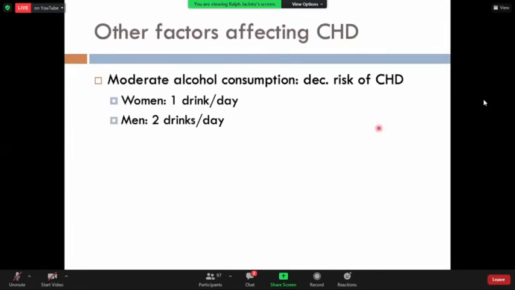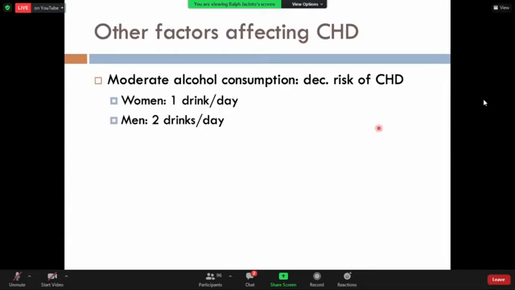Now, there are other factors that would affect coronary heart disease, as I mentioned earlier, aside from the lipids. So, you have your lifestyle, presence of obesity, what else? Smoking, and then another one would be alcohol consumption.